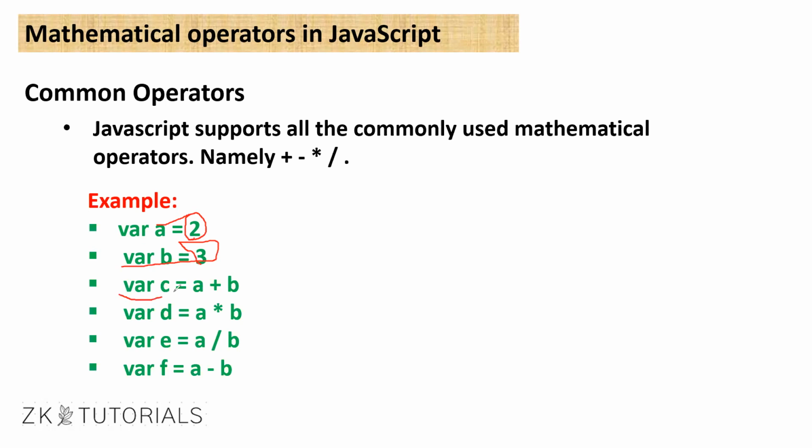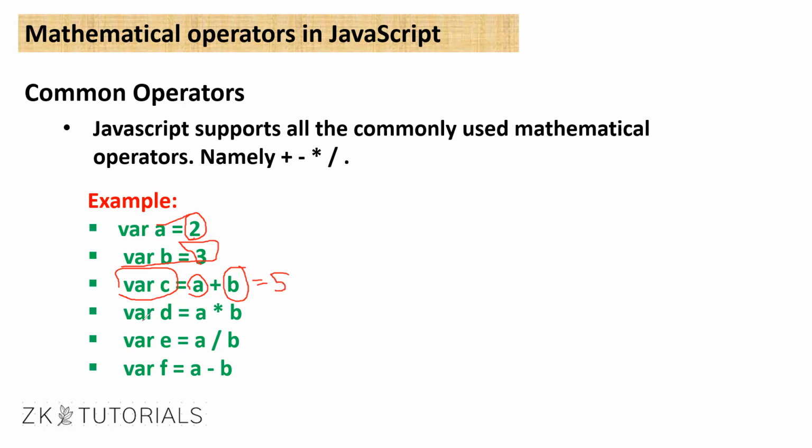Now in variable c, we are adding variable a and variable b. So what comes in variable c? A plus b is not ab. The value in variable a and the value in variable b would be added, and it goes into variable c, which is 5.